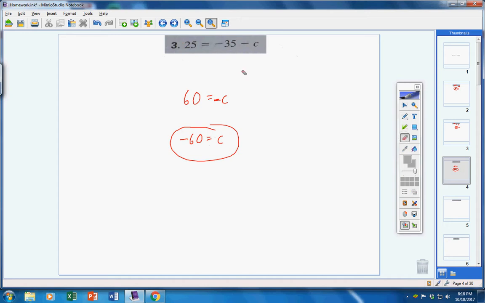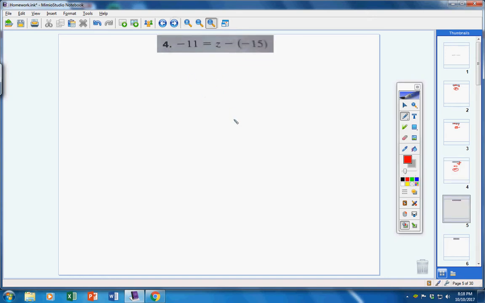If I were to put negative 60 in for C right here, I have negative 35, negative 60, which is negative 35, positive 60, which is positive 25. It checks.